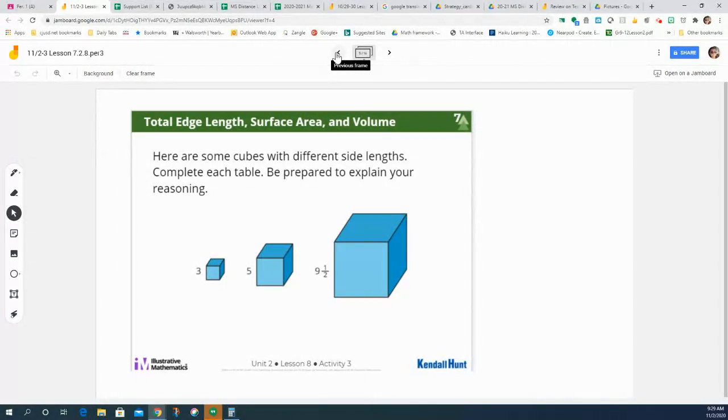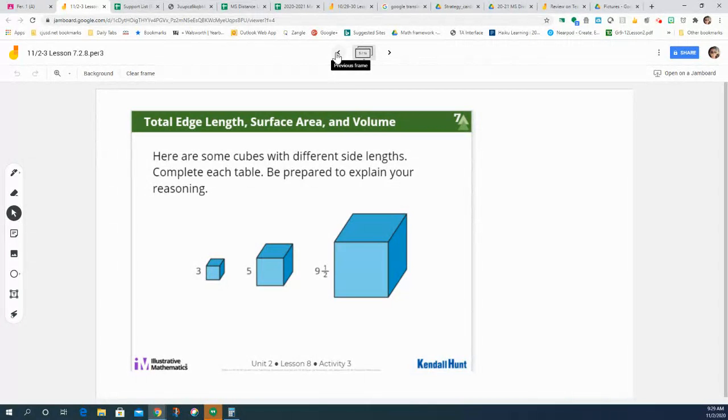Okay, and it has some cubes with different side lengths. Remember, in a cube, all side lengths are the same. That's what makes it a cube, right? And a cube is made of a bunch of squares, and squares have the same measure on all sides. So here we go.